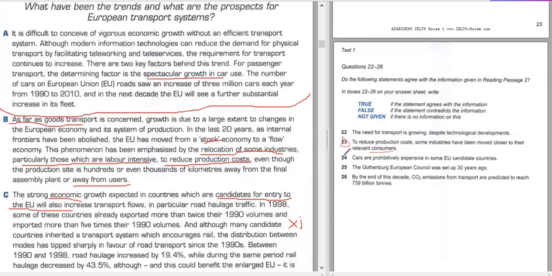Did you make it false? No, actually I made it true. Okay, but are you getting why I'm saying it's false? Read the last sentence of paragraph B. The phenomenon has been emphasized by the relocation of some industries, particularly those which are labor intensive, to reduce production cost, even though the production site is hundreds or even thousands of kilometers away from the final assembly plant or from users.